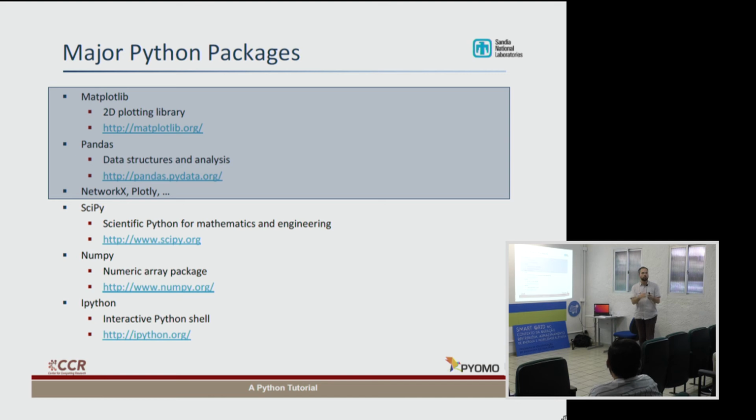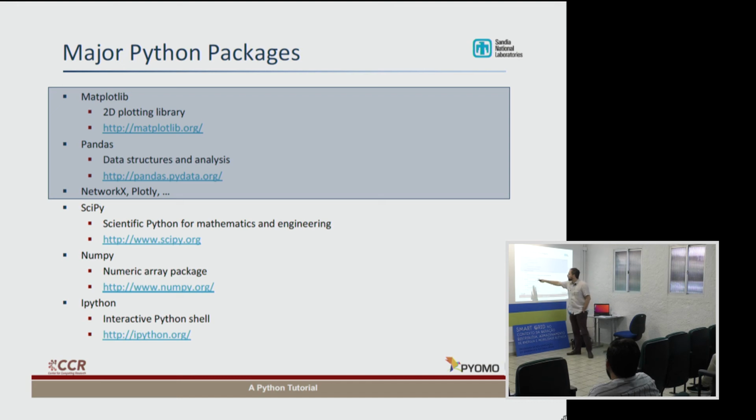So if you want to go from MATLAB to Python, it will be really simple for you to plot functions because it's really the same. Pandas is a package for data structures and data analysis. You all work with timetables and a lot of data, and Pandas is really good for that.